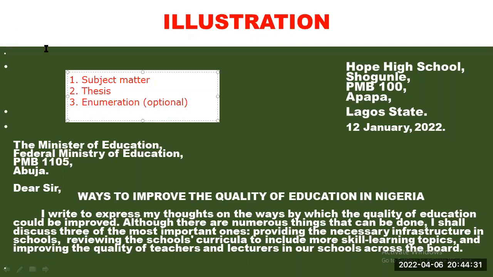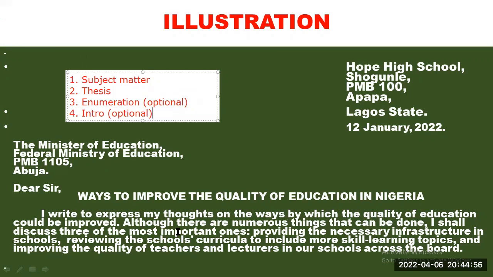All right. And number 4 is the intro, which is also optional. Now, the first 2 are compulsory because the subject matter is exactly what the letter is about, and you must indicate it in your introductory paragraph.